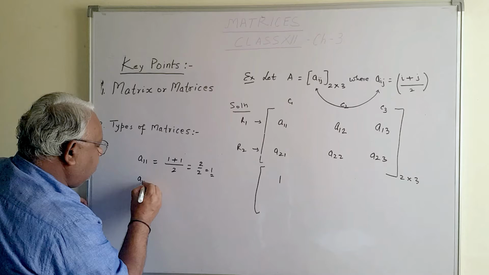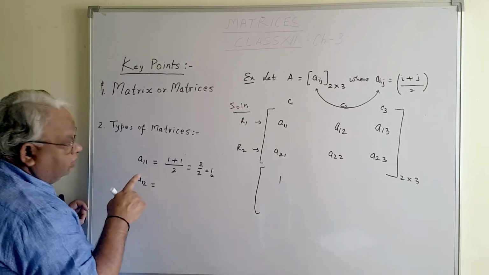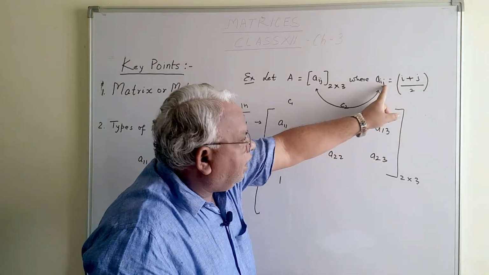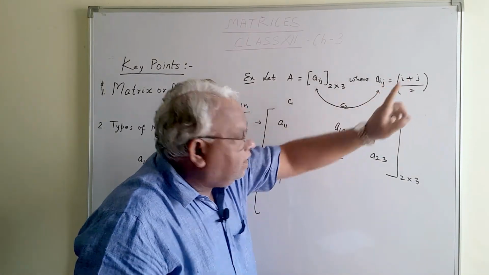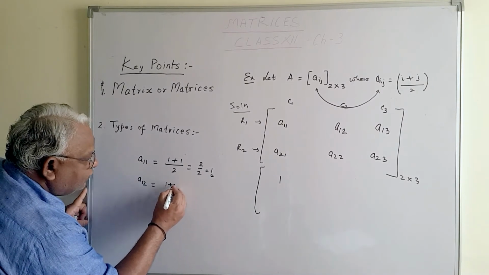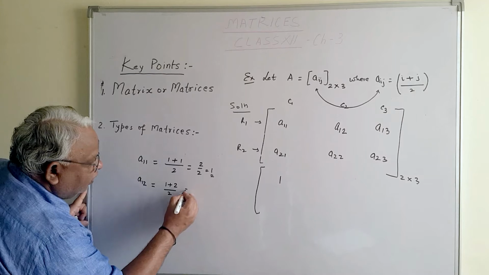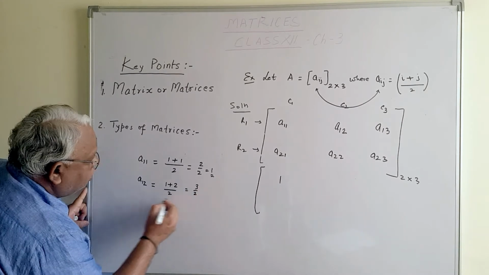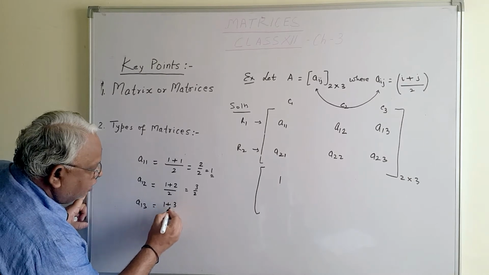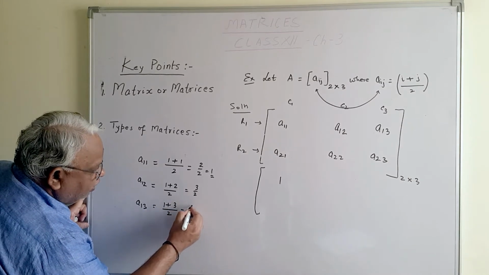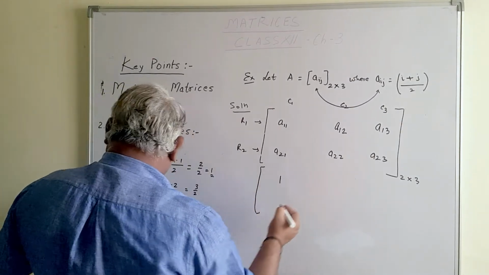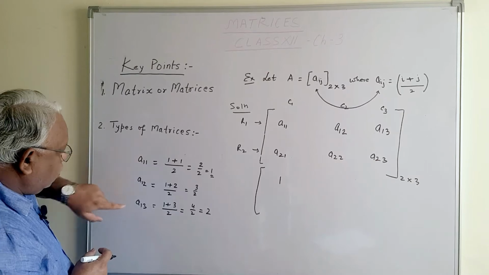Next is A12. The definition says it is nothing but the sum of these indices divided by 2. So here it is 1 2, so it will be 1 plus 2 divided by 2, so it is 3 by 2. Similarly, A13, 1 plus 3 divided by 2, so it is 4 by 2, that is 2. So I have calculated all the elements of the first row.